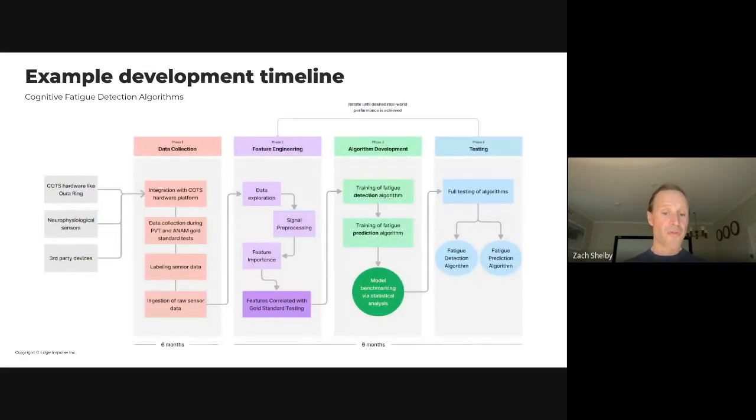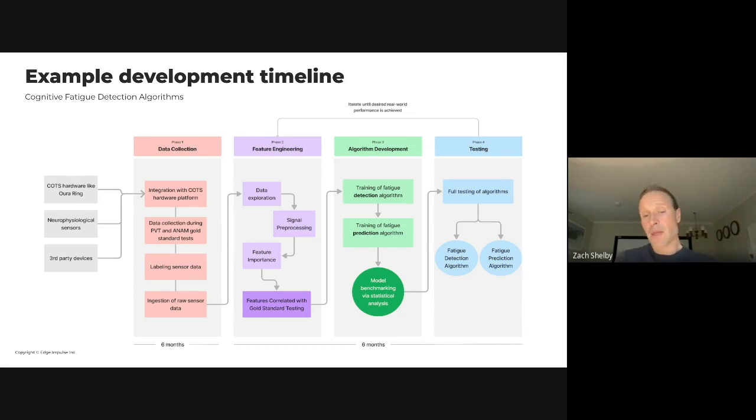Now, there are phases involved in this too. This doesn't happen all at the same time. Typically, we'll have a data collection phase, followed by some feature engineering, algorithm development and testing, and there's a little bit of a feedback loop here. We'll go back and do more data collection step by step. But one safe way to think about this is, for the most ambitious stuff these days with proper tooling, we can do less than 6 months of data collection, less than 6 months of algorithm development.